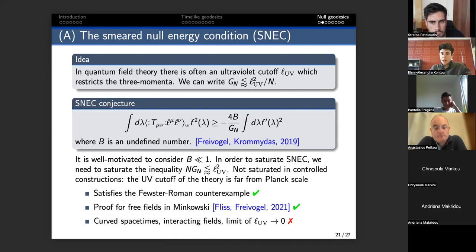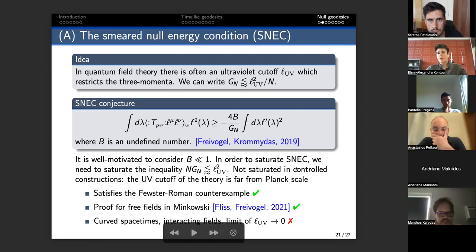So the SNEC has been shown to satisfy the Fuster-Raman counterexample. So by having this UV cutoff be finite, we also circumvent the problem of the three momenta becoming very large. And there's a proof of it for free fields in Minkowski space.